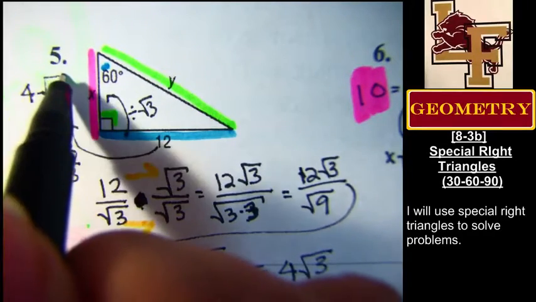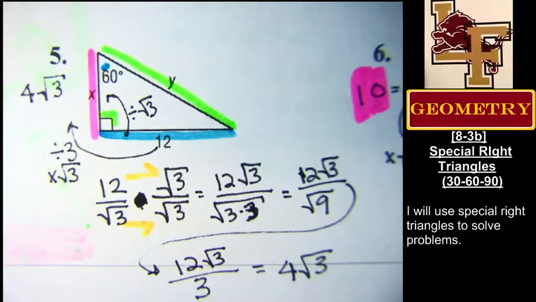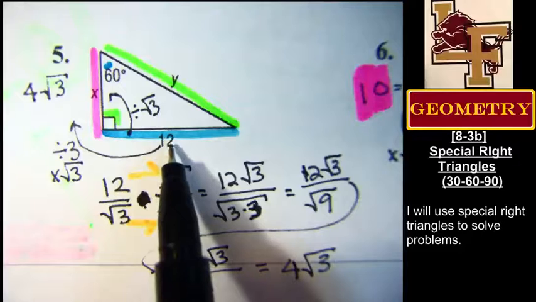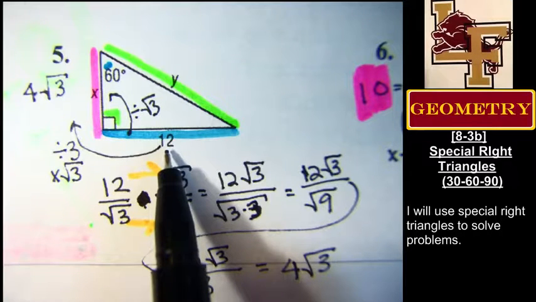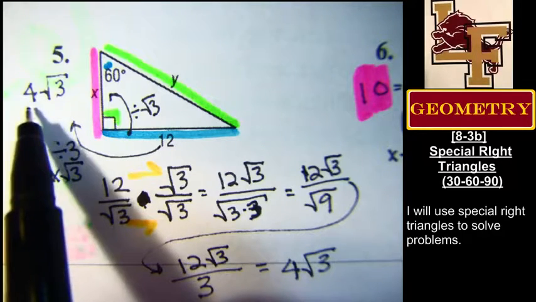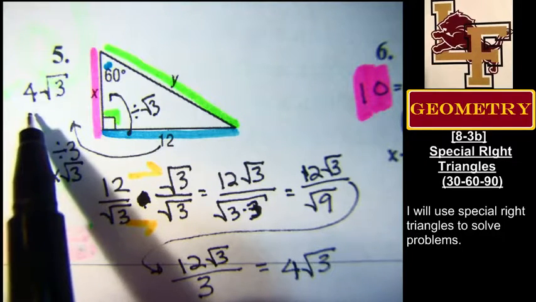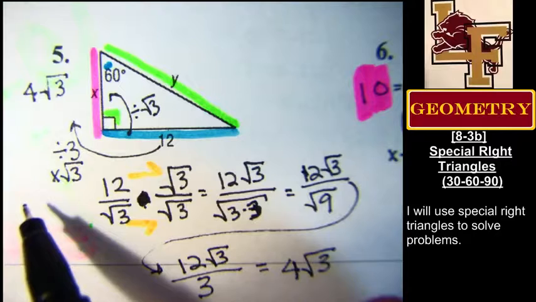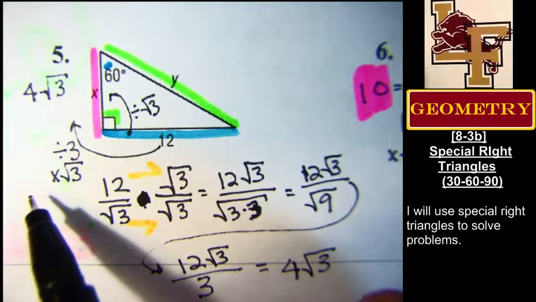And then we're going to stick a square root 3 on it. We took 12 and we divided 12 by 3. Once we finished the divided by 3, which we got 4, we stuck a square root 3 onto it. You see it? Yes. Okay.